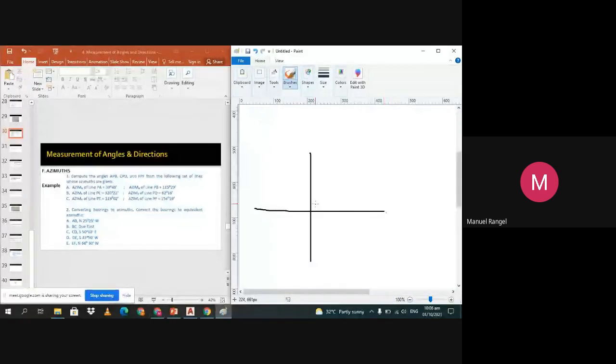Line PC is 320 degrees 22 minutes. Then line PD from south is 62 degrees, less than 90.